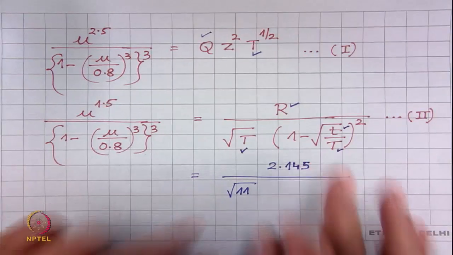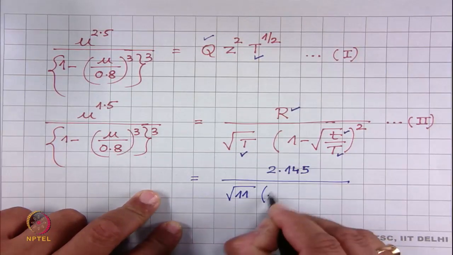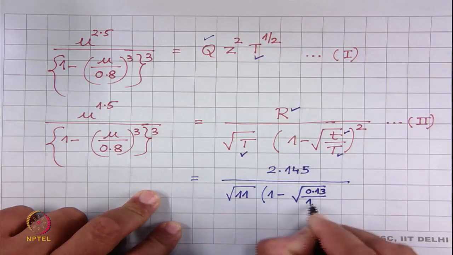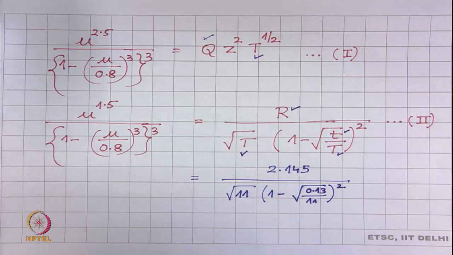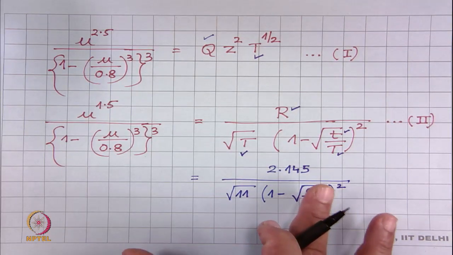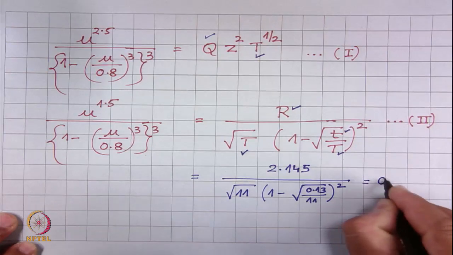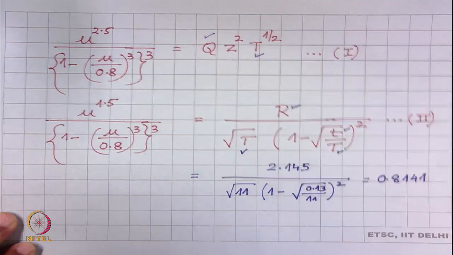So, one minus 0.13 by 11 squared. So, you can find out the right hand side of expression 2. What will be the value? This value will be 0.8141.